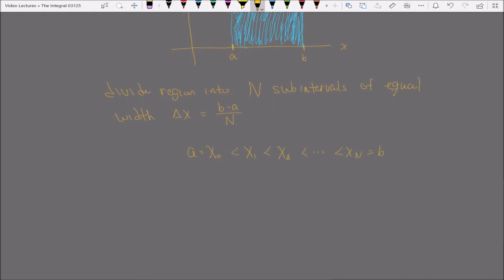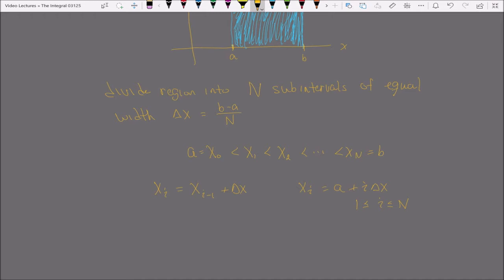And notice that since they're equally spaced, each x sub i, so each point, is the point before it plus delta x, or we can also write x sub i is the left endpoint, our starting point a, plus i times delta x, for 1 less than or equal to i, less than or equal to n.